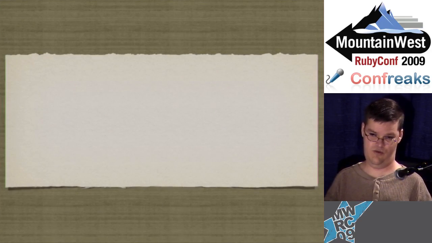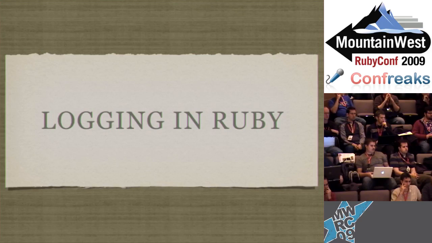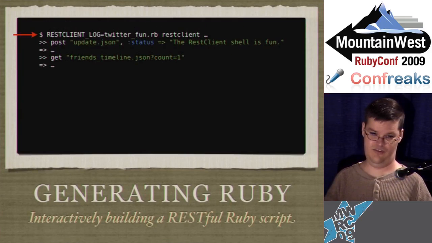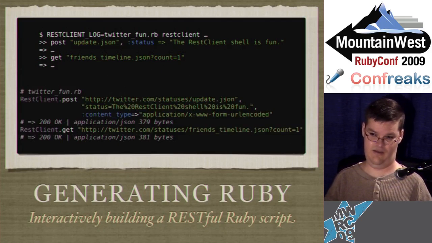But the shell goes one farther. It'll log for you, and it'll do it in pure Ruby. So let me show you what this looks like. If we fire it up one more time, but we add an environment variable telling it where we want a log file to be put, it will create a log file for us as we play around, which actually turns out to be executable code, right? Because it's in Ruby. So in this case, I couldn't actually run it because it doesn't store sensitive information like a username and password.